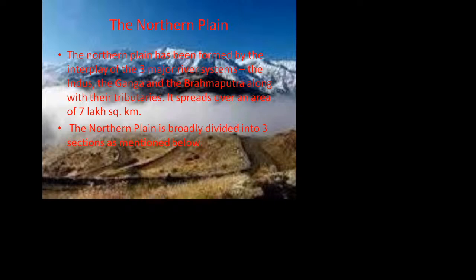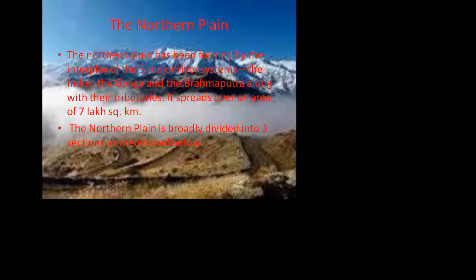Kamet, in India, height 7,756 meters. Then Namcha Barwa in India, height 7,756. And then comes Gurla Mandhata, in Nepal, and the height is 7,728.